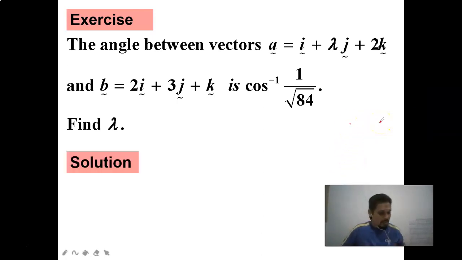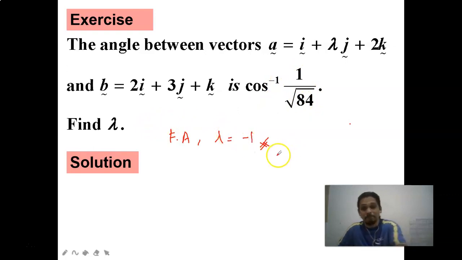The exercise: the angle between A and B, find the value of lambda. I'm going to give you the answers. The value of lambda, the final answer, is lambda equals -1. The angle between vectors A and B is cos of 1 over the square root of 84. So find lambda. I gave you the answer here: lambda equals -1. Try it yourself.